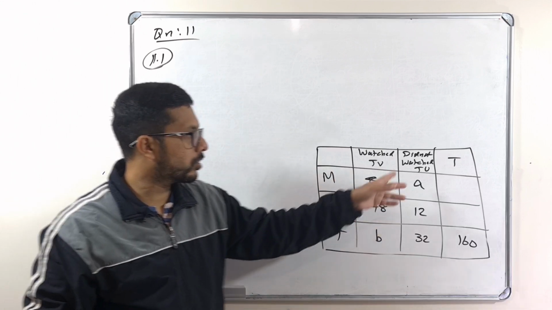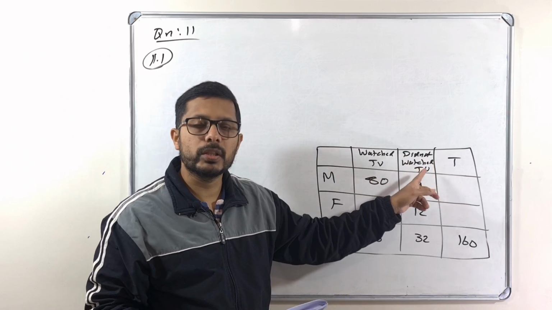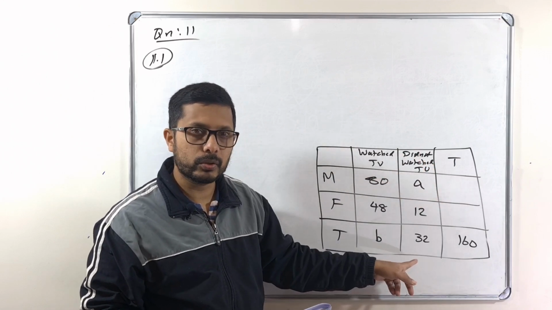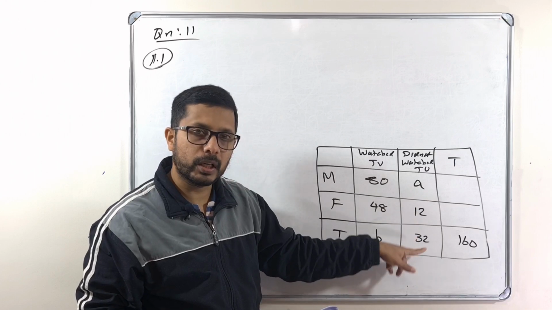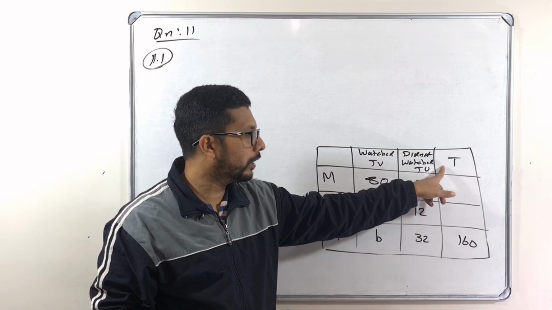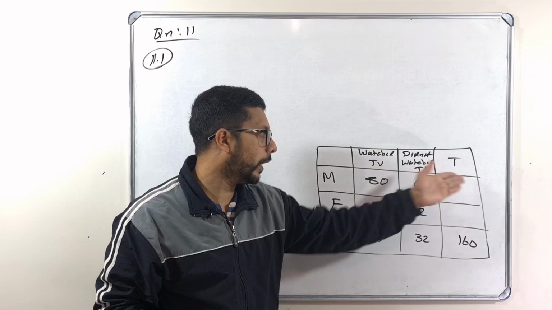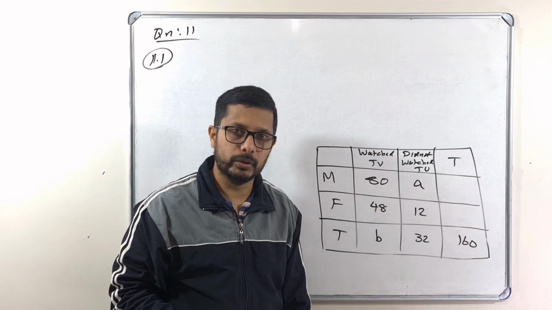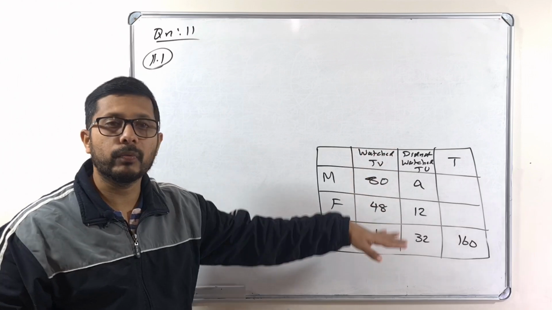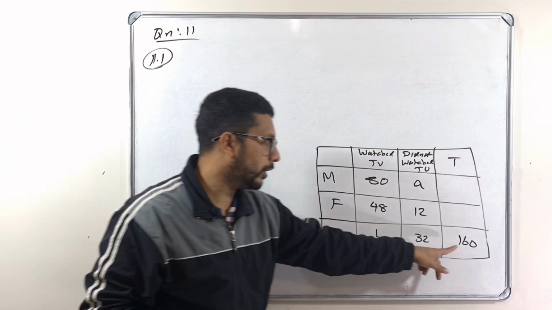Then the next column is did not watch TV during examination: how many males did not watch, how many females did not watch, and what is the total? Here is the total of males and females, and this 160 is the overall total. That means we are talking about 160 students.